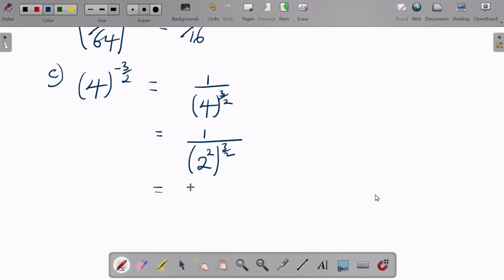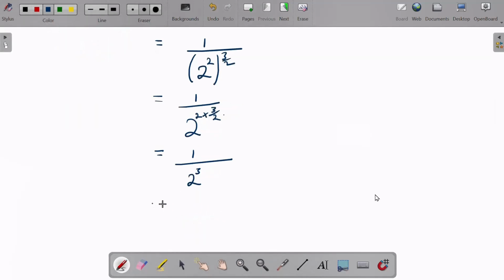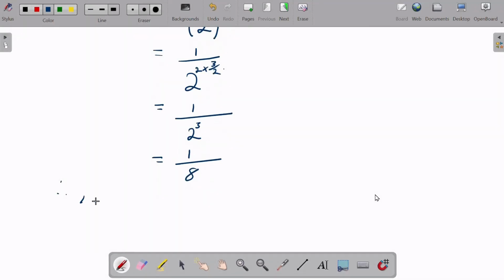We simplify this, we are getting 1 divided by 2 raised to the power 2, but multiplied by 3 out of 2. This is the same as having 1 divided by, so the 2 and 2 cancel, having 2 to the power 3, which gives us 1 divided by 8. Therefore, 4 raised to the power negative 3 out of 2 is the same as having 1 out of 8. So this becomes our right answer.